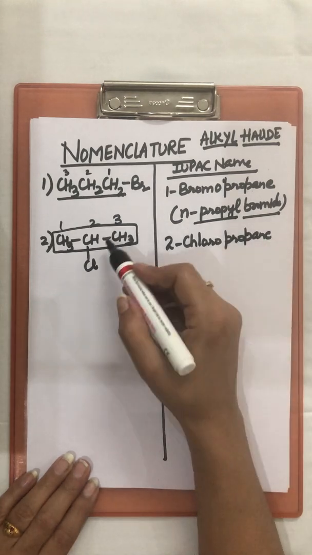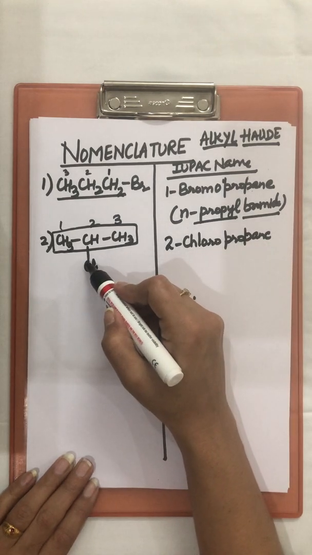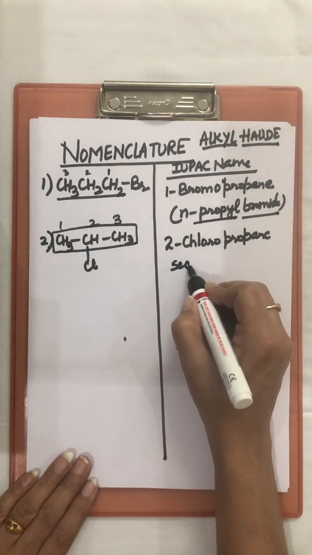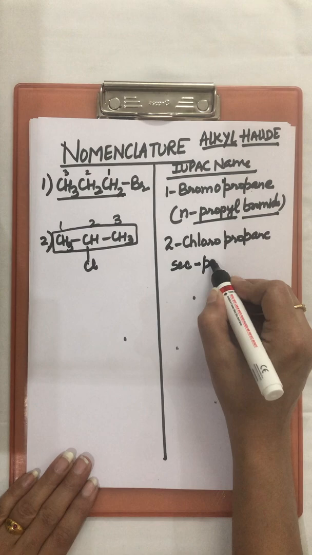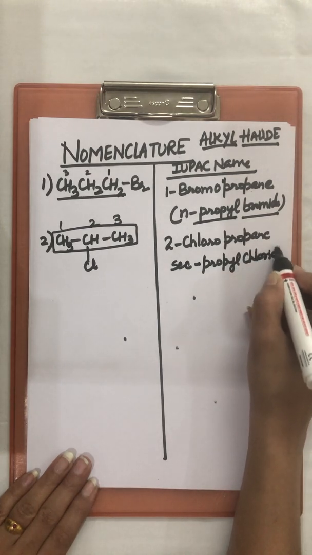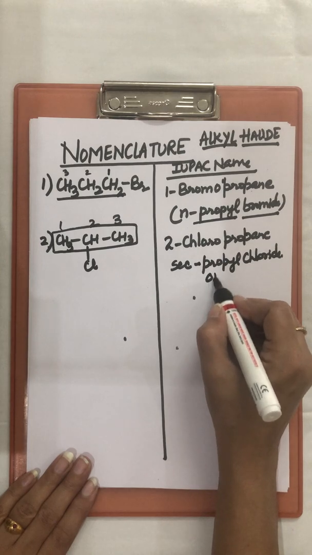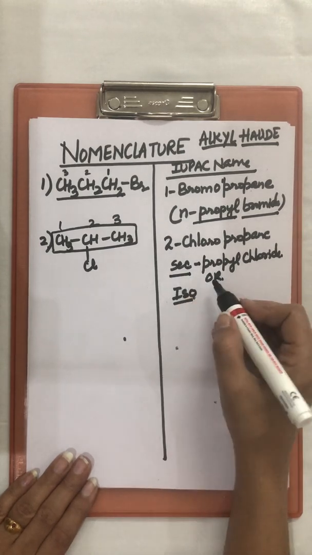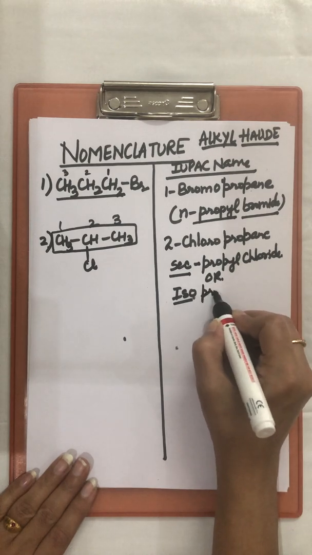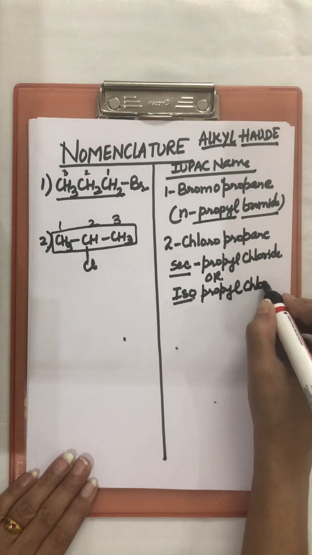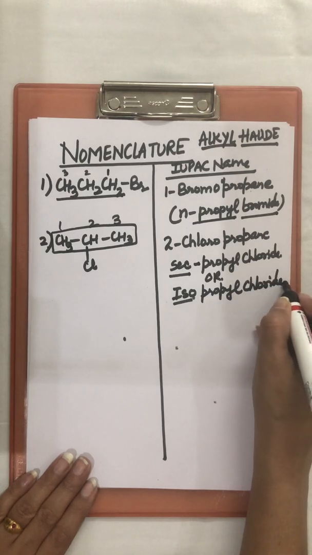And common name now here is, since Cl is linking to the secondary carbon atom, so this should be secondary propyl chloride, but for this normally we write iso prefix in place of secondary. So both these names are correct, secondary propyl chloride or isopropyl chloride.